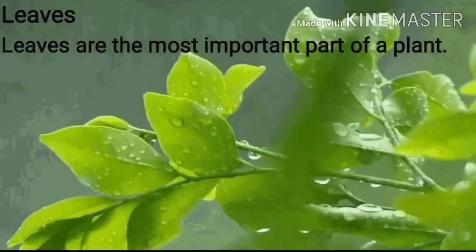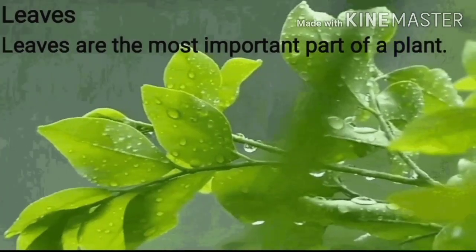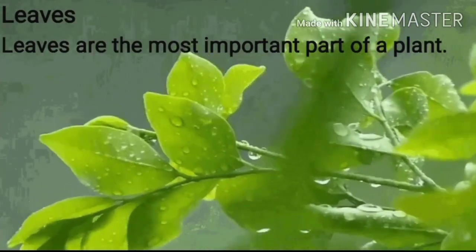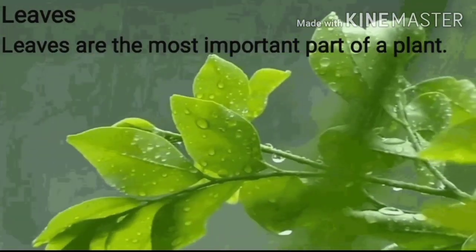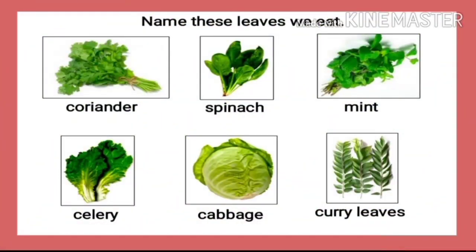It has a green pigment called chlorophyll, which absorbs sunlight and makes food for the plant. Now children, as a human being, we are eating some leaves also, like coriander, spinach, mint, cabbage, curry leaves. These are the example of leaves.